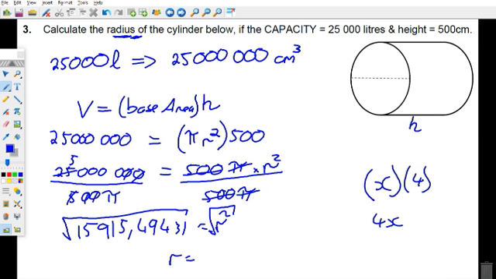R is equal to... You're going to press the root button, and then use your previous answer, ANS, so you root answer. You click equals. It is 126.16 centimeters.